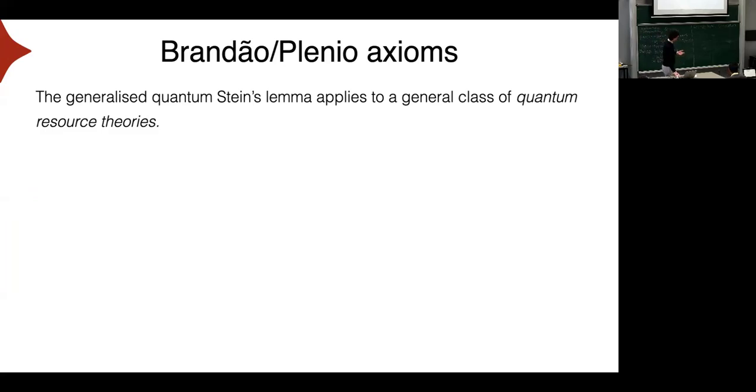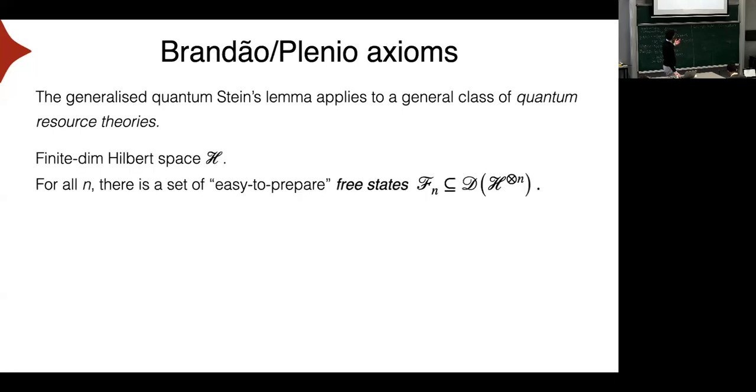So they defined a general class of quantum resource theories. You can think of it like this: you have a base Hilbert space, and you're going to consider sets of so-called free states, supposedly easy to prepare, in n copies of that quantum system for every n. Now I'm going to list some assumptions on the sets of free states that separable states satisfy, and that are very reasonable in general.